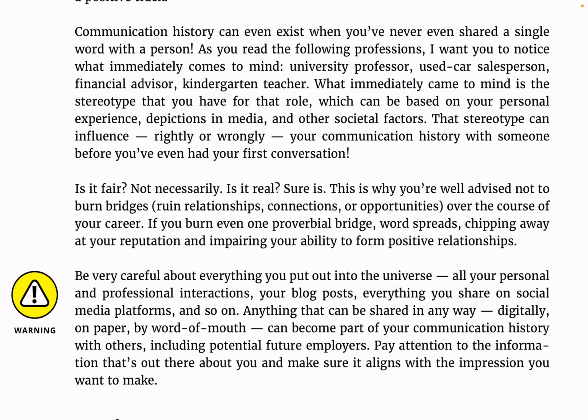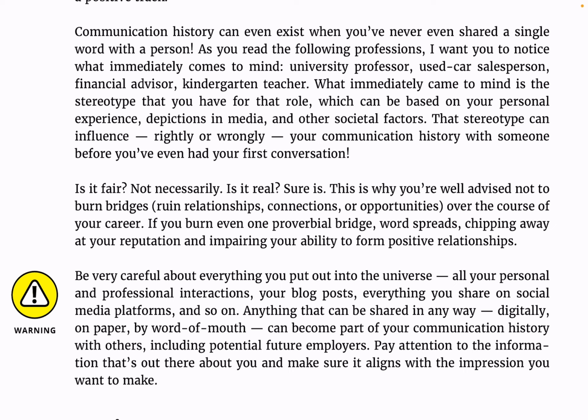What immediately came to mind is the stereotype that you have for that role, which can be based on your personal experience, depictions in media, and other societal factors. That stereotype can influence, rightly or wrongly, your communication history with someone before you've even had your first conversation. Is it fair? Not necessarily. Is it real? Sure is.